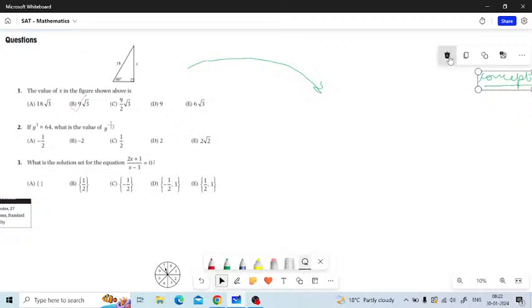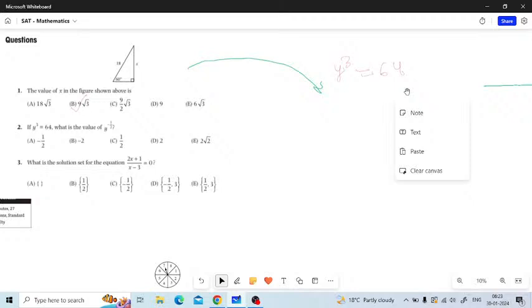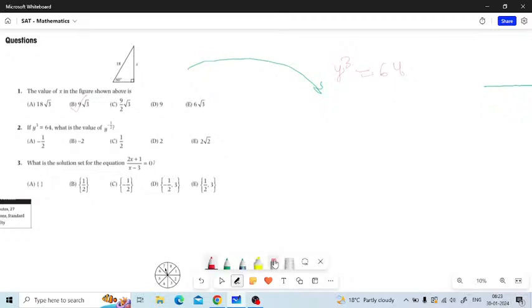If y cube is 64, then y is equal to what? 4.